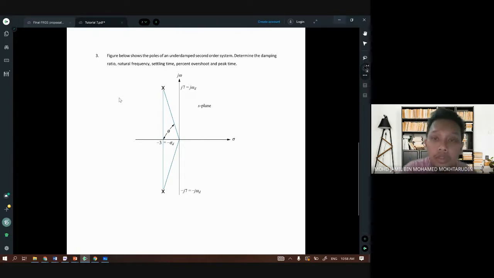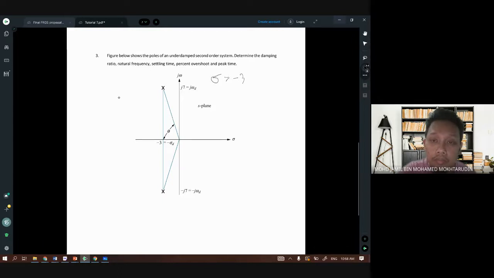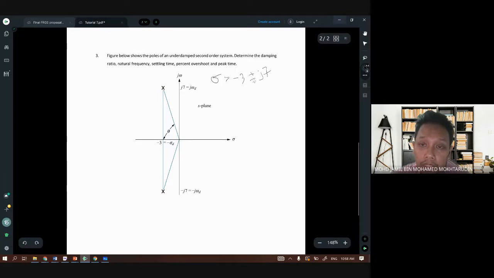So poles s or sigma equals -3 plus minus j7. So real plus minus imaginary parts.